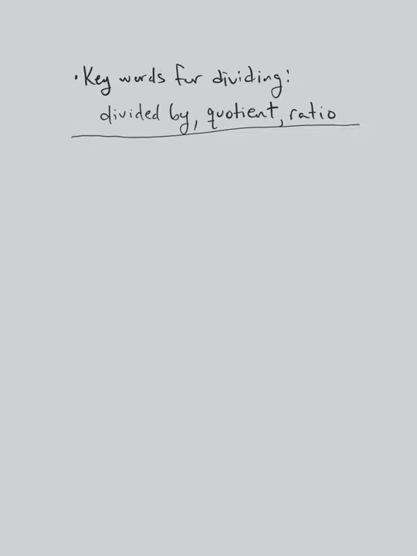Before I get going, I want to point out those more formal words. Let's make a special note: you'll either see the word sum, difference, product, or quotient, and again, sometimes people will say ratio there.